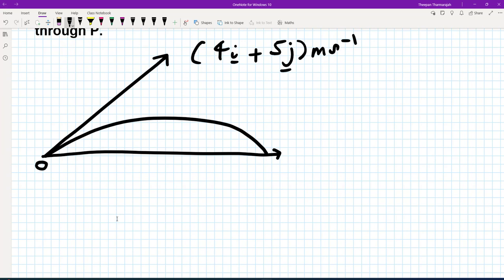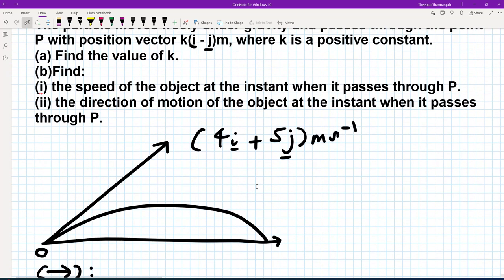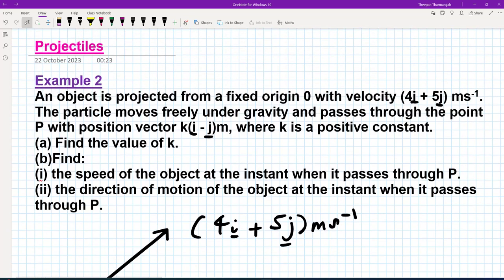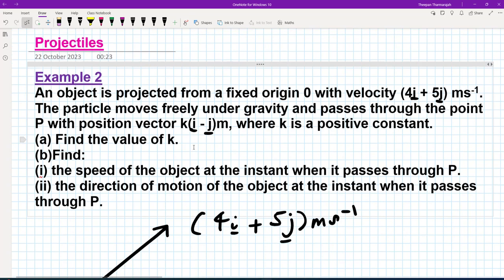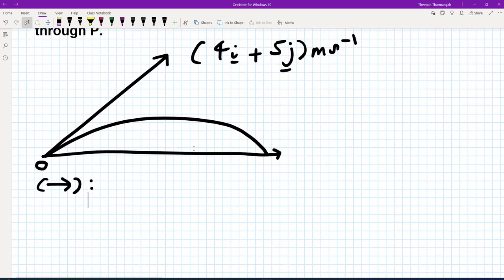So now what we can do is take the horizontal component. Notice that the position vector horizontally would be ki, as in the i direction, so the value of that would be k, and it's positive. So we can do a suvat here. Horizontally it's constant velocity, so acceleration is 0.